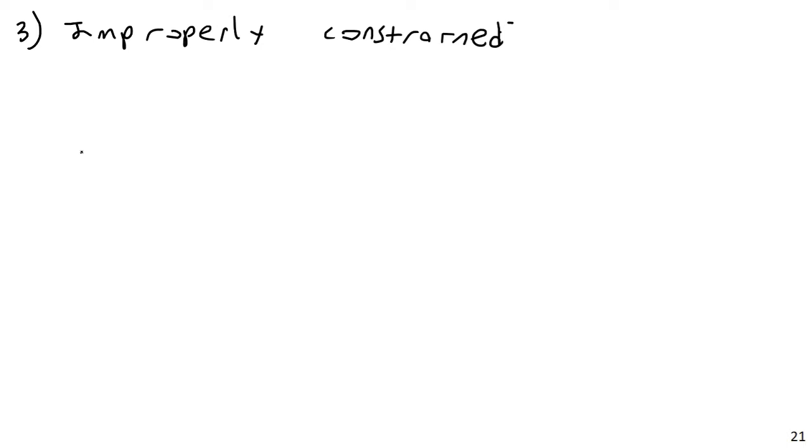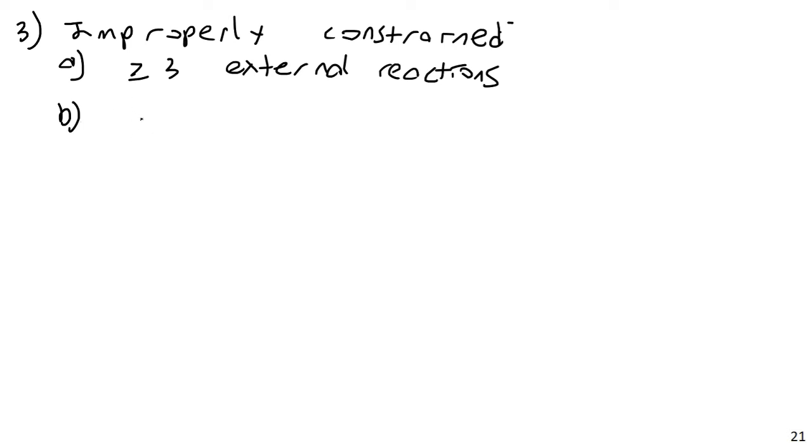And then the third classification would be improperly constrained. Here, you actually do have the requisite number of restraints. You have greater than or equal to 3 external reactions, but B, you have something that makes it externally unstable by the layout of the reactions.